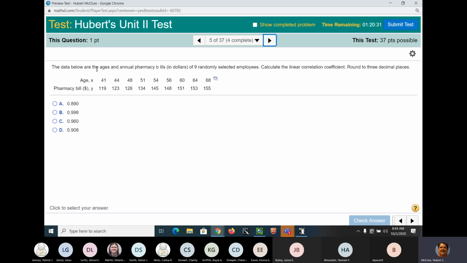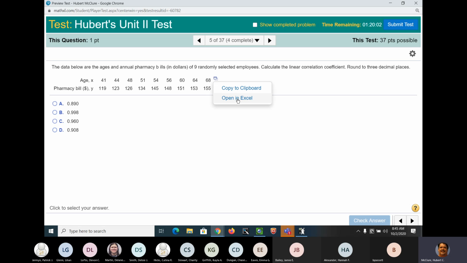The data below are the ages and annual pharmacy bills in dollars of 9 randomly selected employees. Somebody got a typo there, so this must be a new question. So this is 9. Calculate the linear correlation. That's pretty simple. Copy in Excel.